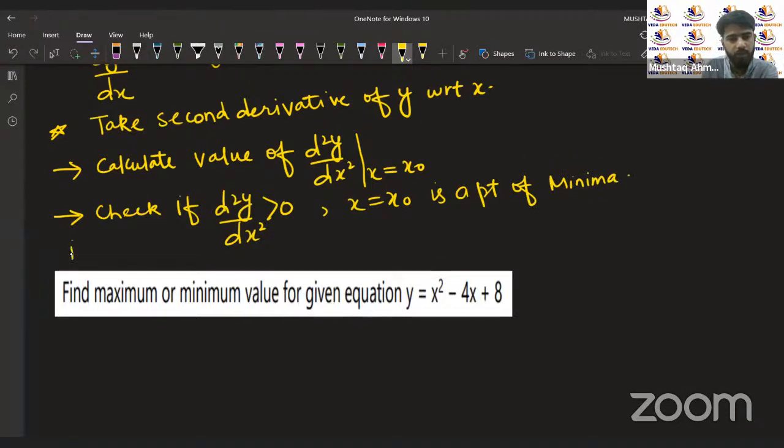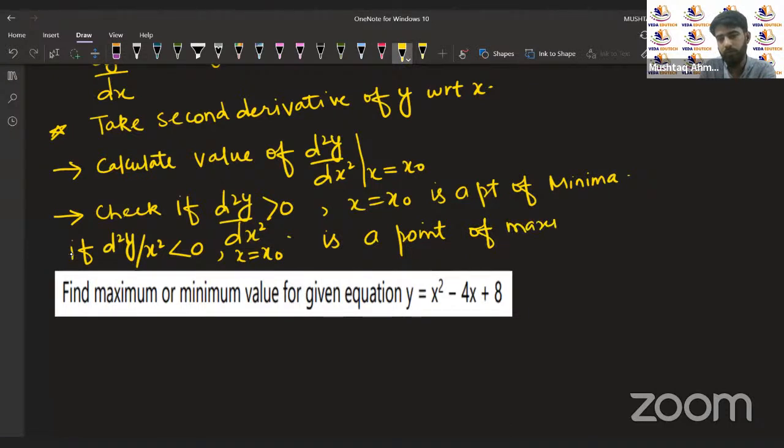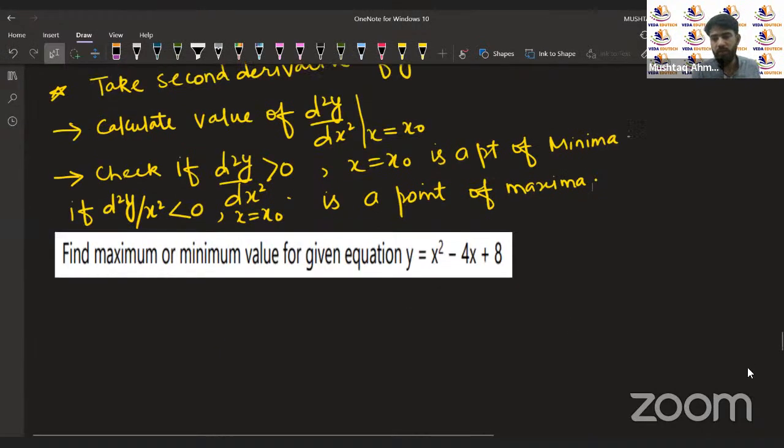And if d2y upon dx square is less than 0, it is a point of maximum. Then x equal to x naught is a point of maximum. x is equal to x naught will represent a maxima when our second derivative at x equal to x naught is less than 0, meaning it should be negative.